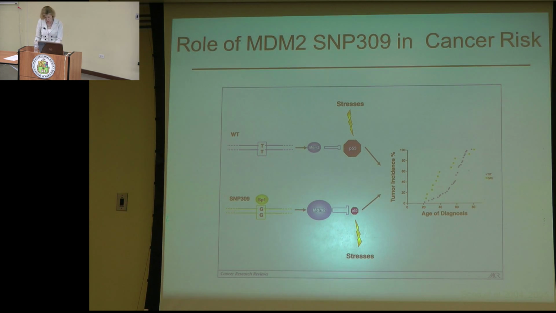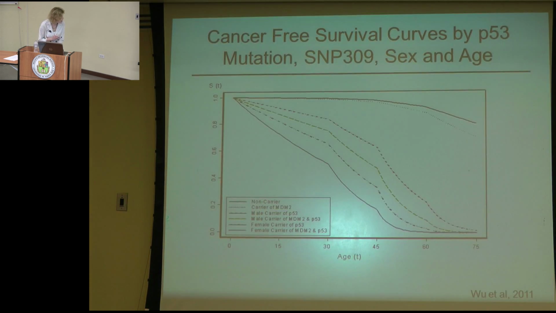So then our question was, what did this do to p53 germline mutation carriers who already only have one wild type p53? What impact would it have on them? This shows both our population group and our mutation carriers. And so this is age versus cancer-free survival. Everybody's cancer-free at birth, and this is the cancer occurrence by age.